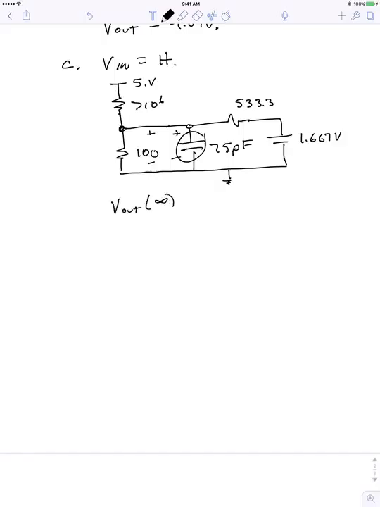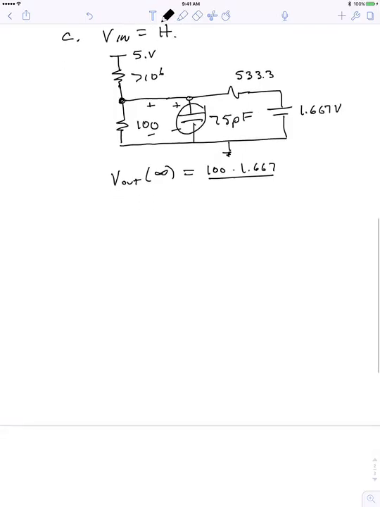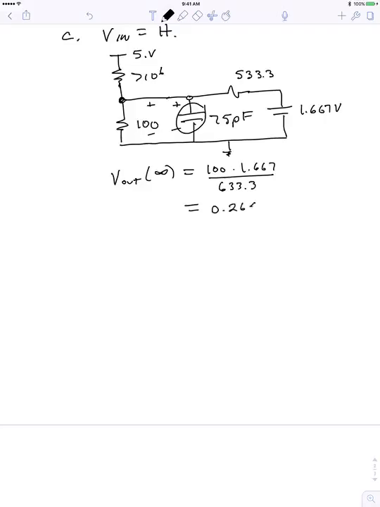The steady state output voltage for a low is going to be 100 times 1.667 divided by the series resistance, which is 633.3 ohms. So you do that calculation, and I get that to be 0.26 volts. Okay, so that's part D.